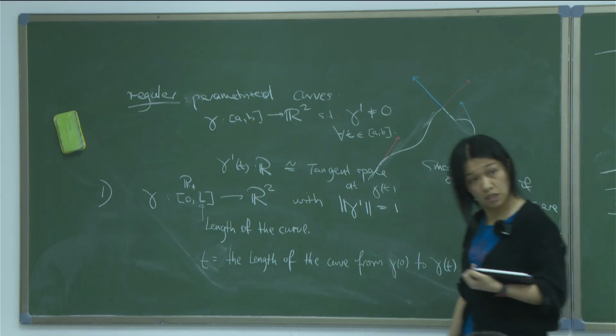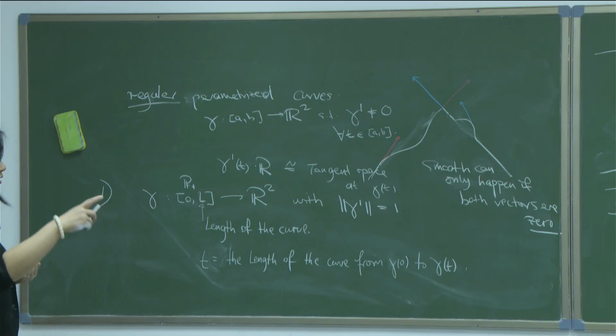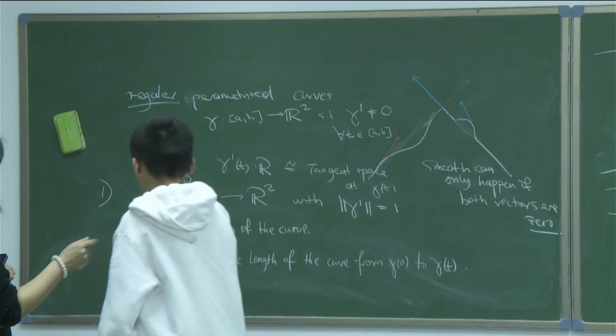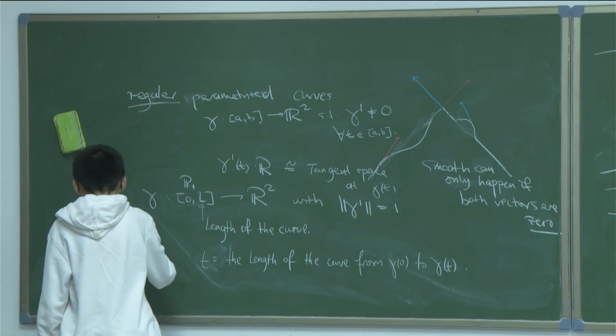So, for example, we can consider this, because we know that the arctangent function is like this.